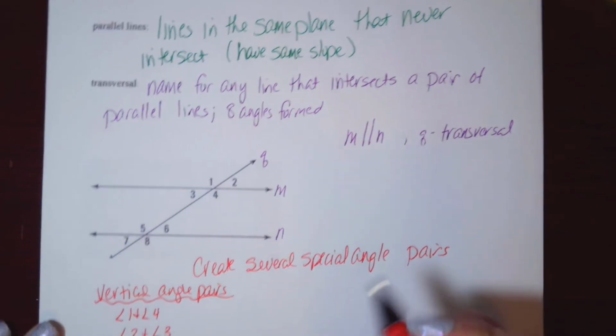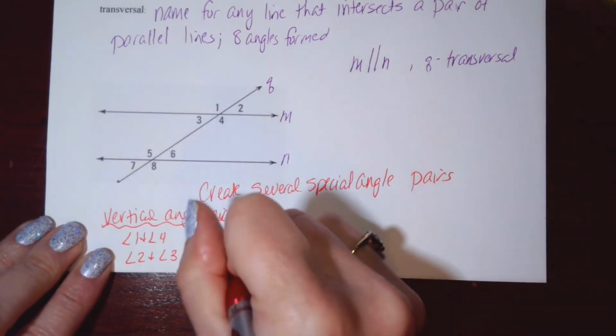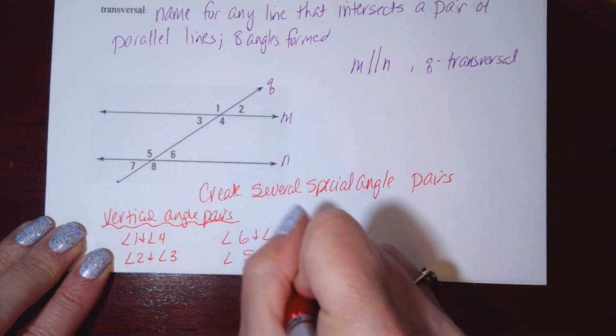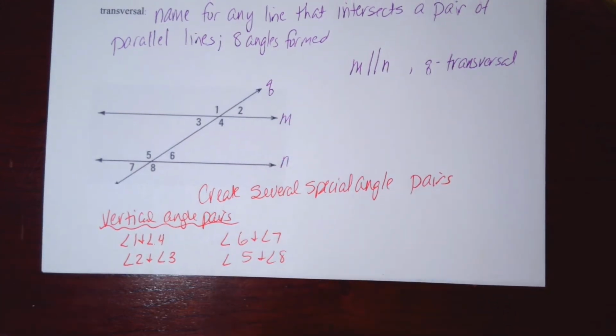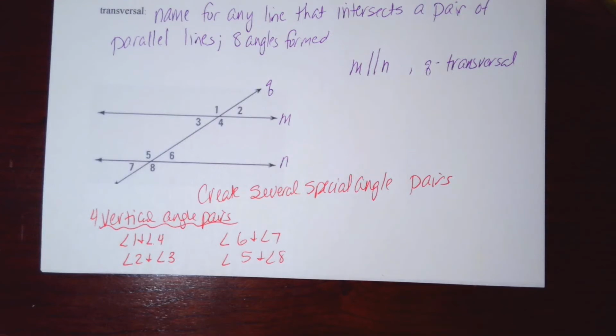Angle 1 and angle 4 are a vertical angle pair. Angle 2 and 3 are a vertical angle pair. 6 and 7, 5 and 8. Those are my 4 vertical angle pairs.